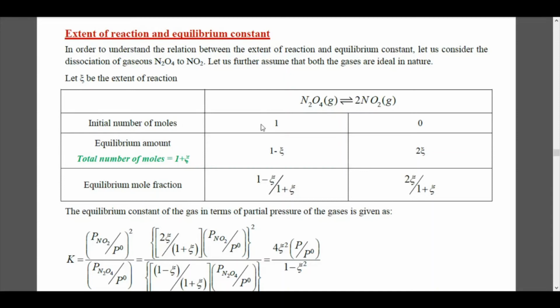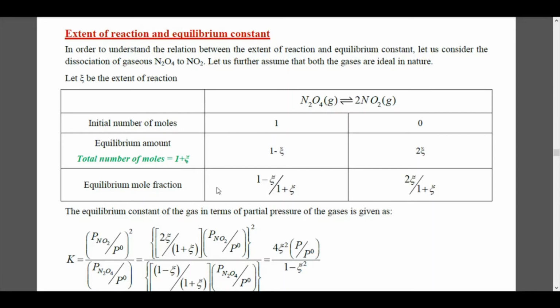Suppose we start with 1 mole of the reactant, and at the initial state there is no product. Then suppose after some time equilibrium is achieved, and the equilibrium amount of the reactant is 1 minus xi, and for the product side it will be 2 xi. 2 xi moles of products will be formed. Now at equilibrium, what is the total number of moles? The total number of moles will be 1 plus xi.